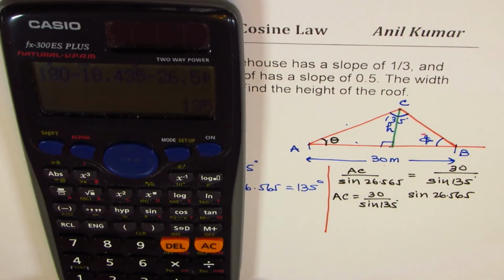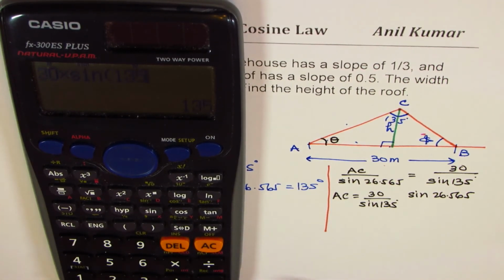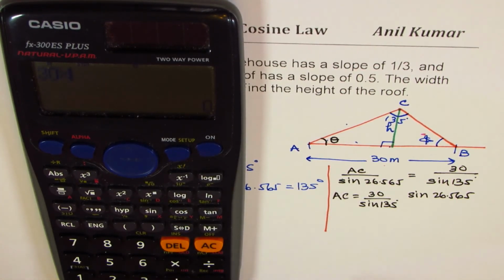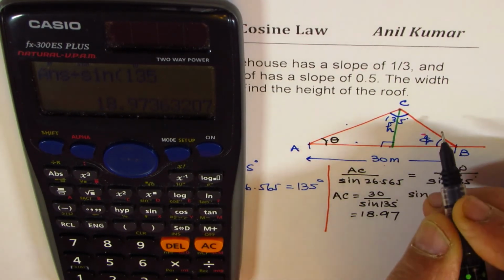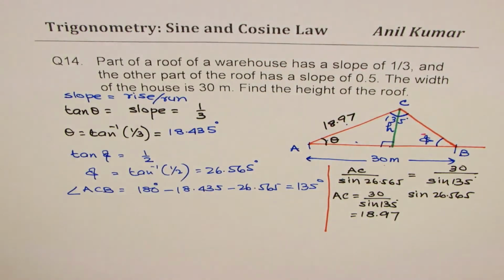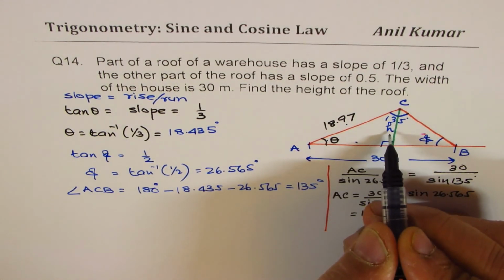So we'll find 30 times sine of 26.565 divided by sine of 135, which gives AC as 18.97, right?